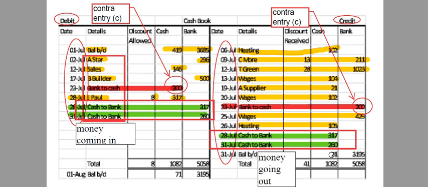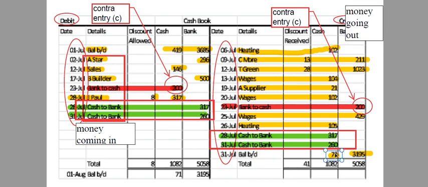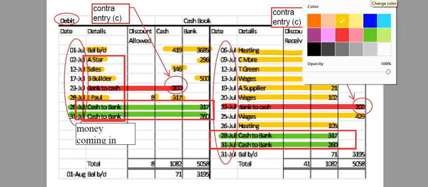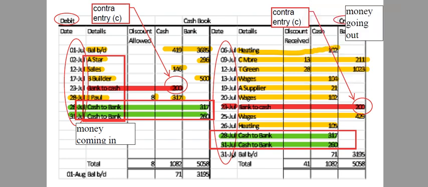Can we highlight the balances in a different color? So these are your balances, and if you notice, the balances only appear in the cash column and bank column.